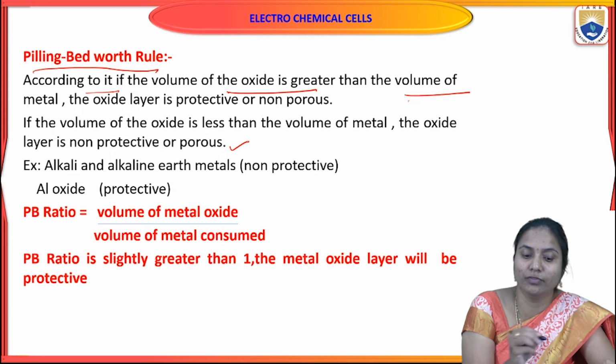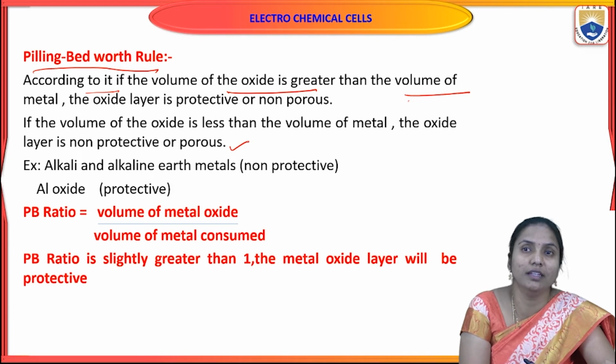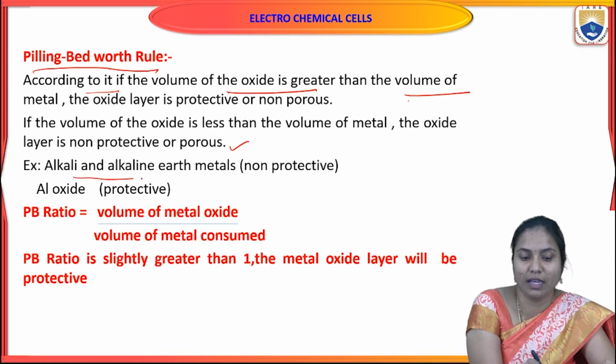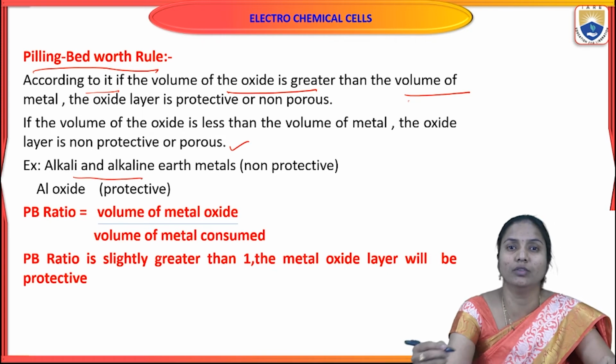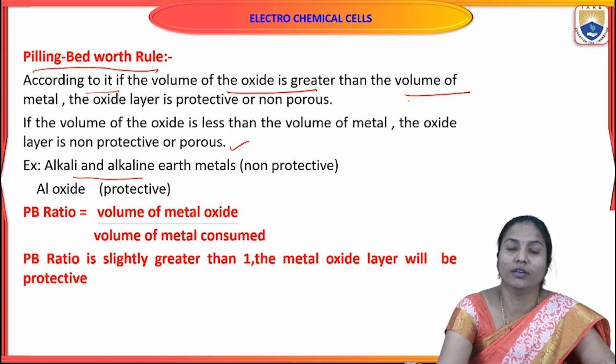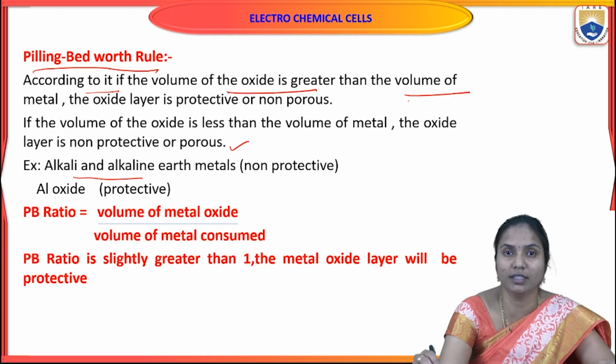If the volume of oxide is less than the volume of metal, in this case the metal oxide layer is non-protective or porous. To simplify, according to the Pilling-Bedworth rule, if the volume of oxide is greater than the volume of metal, in this case it is protective.